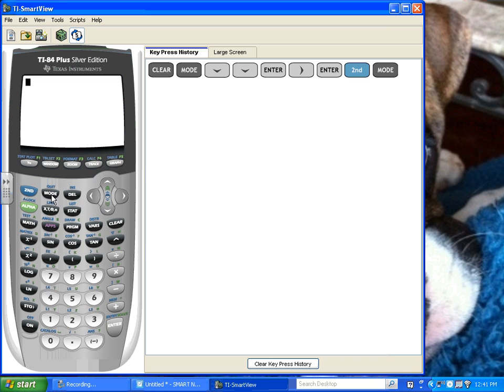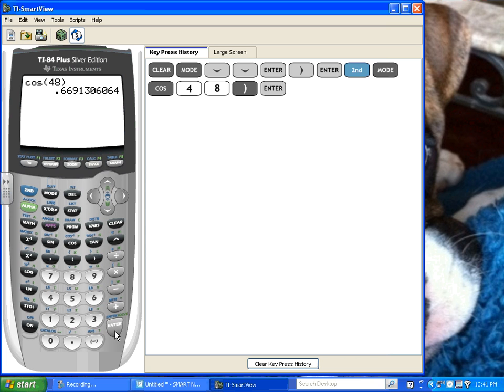Alright, I want to do cosine of 48 degrees. Your trig buttons are down here. I want cosine, I want 48. Because I'm in degree mode, I understand that this will be entered in as degrees. You notice that the calculator opened a parenthesis after the cosine, so you need to close the parenthesis after the 48 and then press enter.